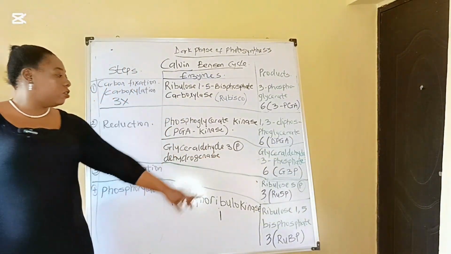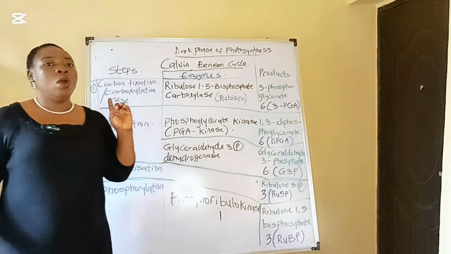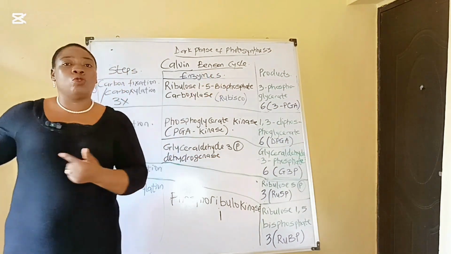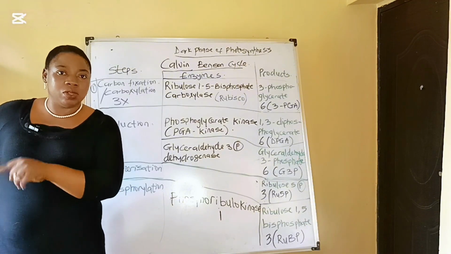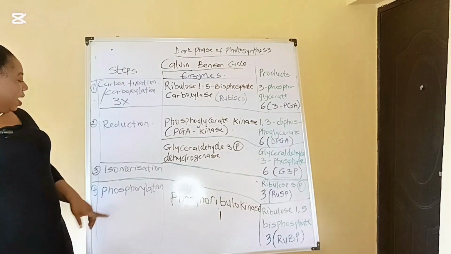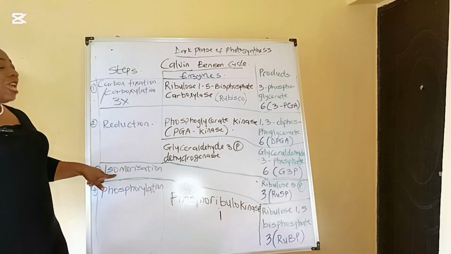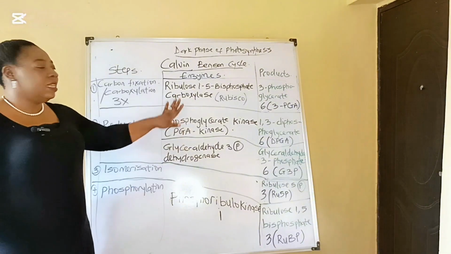And remember that out of the 6 molecules gotten from here, one of them will leave the cycle to enter into the cytosol, where it will enter into gluconeogenesis to give us glucose, while the remaining 5 will be used up in the third step, which is the isomerization reaction, to help in regenerating the cycle.